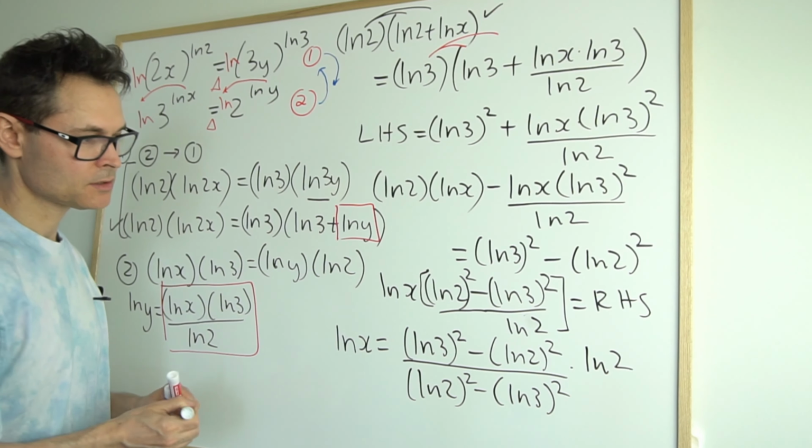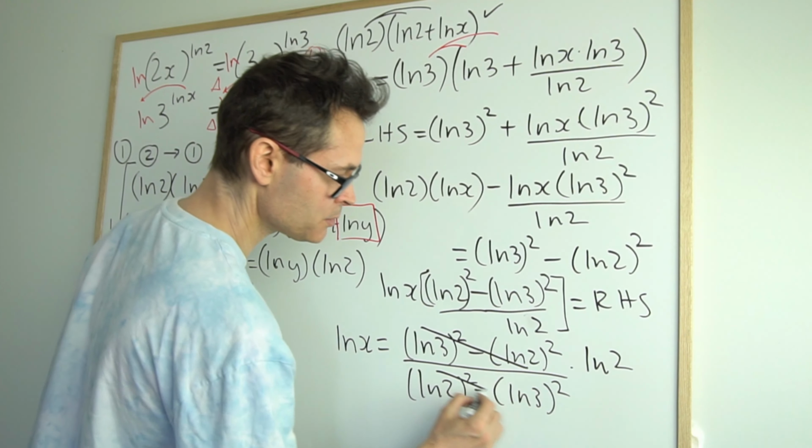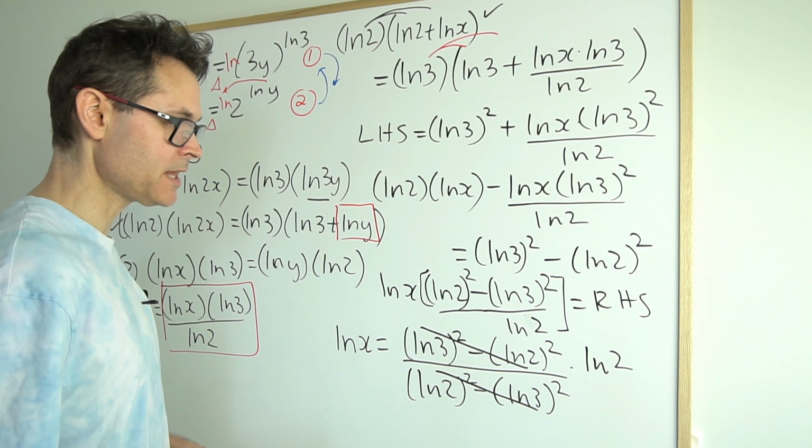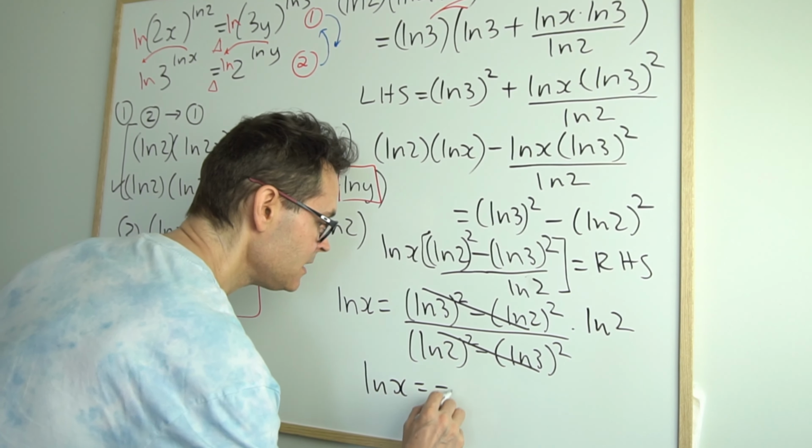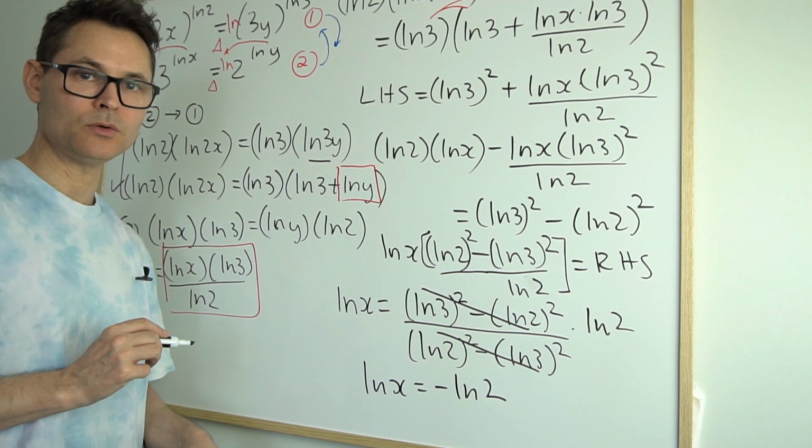And what do you notice? Well, these are also those opposites with minuses in the middle. So that becomes negative 1. So that tells us that the ln of x is equal to the negative ln 2.